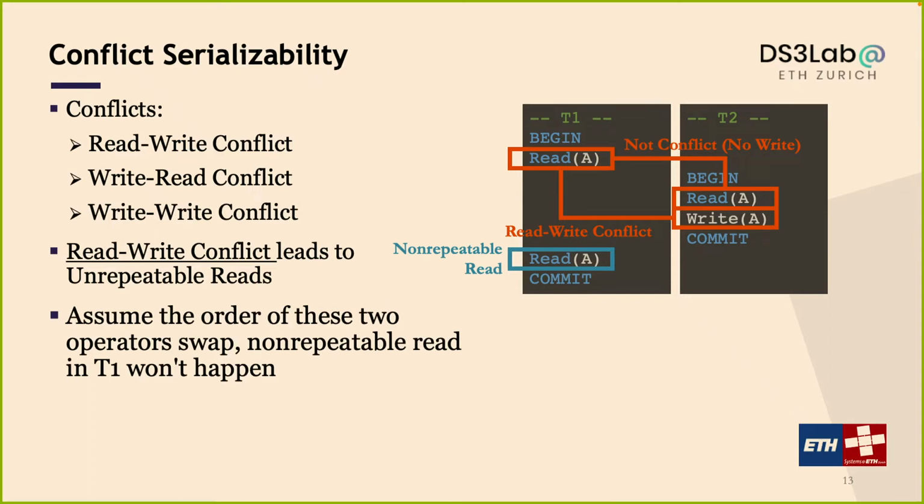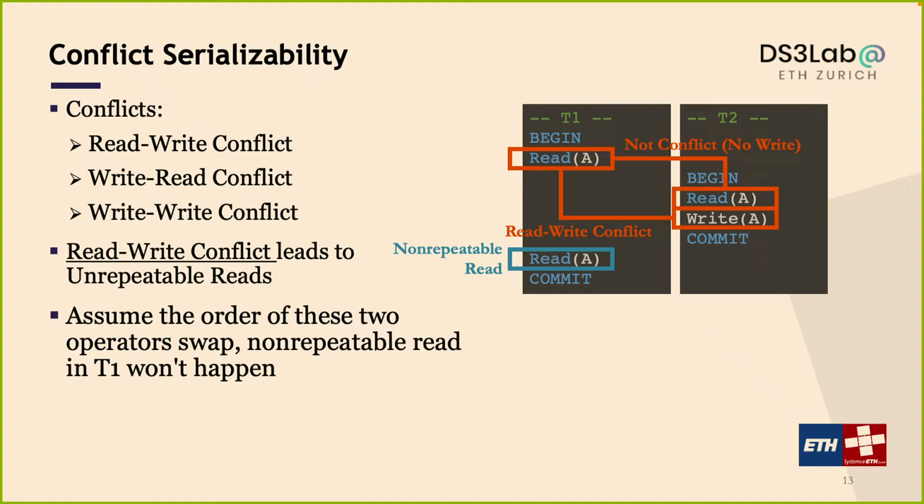Assuming we swap the order of read A and write A, that conflicting pair, then you will not have this non-repeatable read. If you do not swap the order, you are going to have a non-repeatable read. That is why when you swap them, you get a different result.